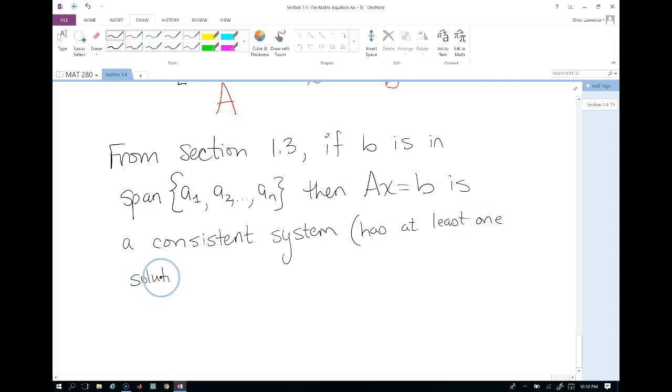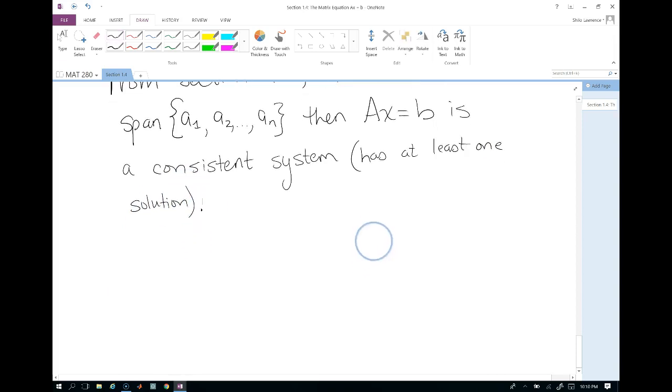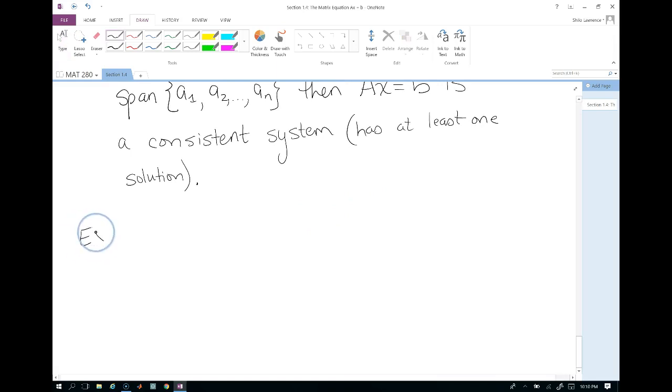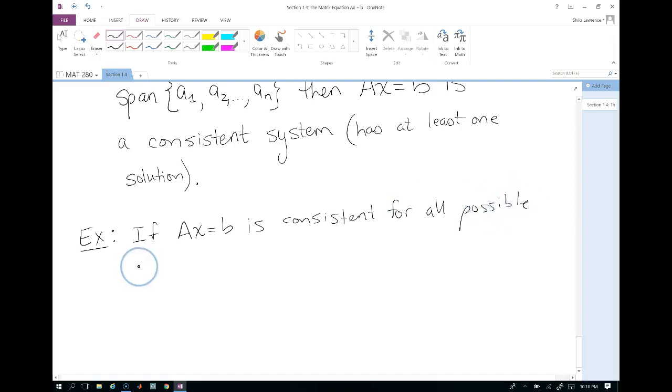So there's an interesting thing that comes about if we just use a generic value for the B's, we can try to figure out if a particular system is consistent for all possible B values, where the B we're going to say is B1, B2, B3.